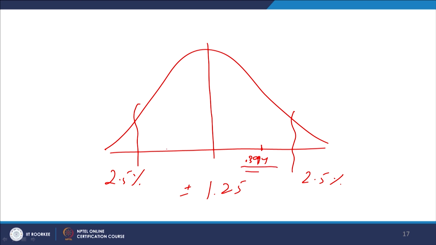That means 0.5 minus 0.394 is equal to something around 0.105. So, this is the value that you have calculated.